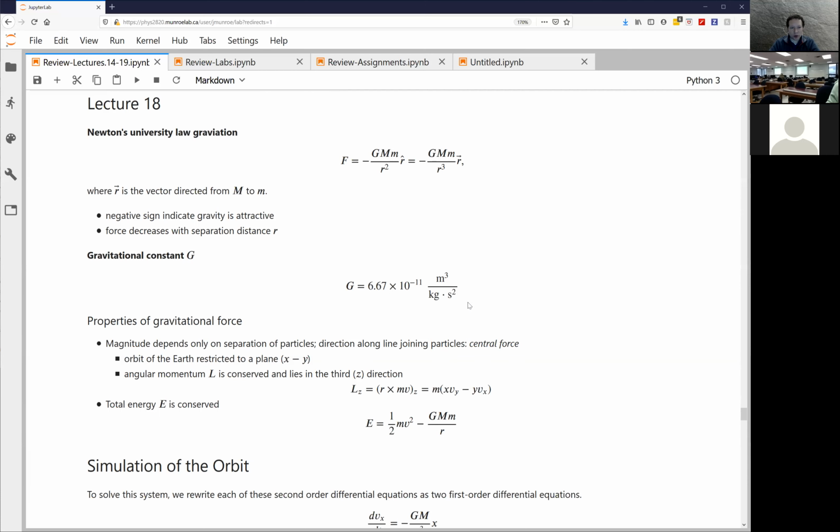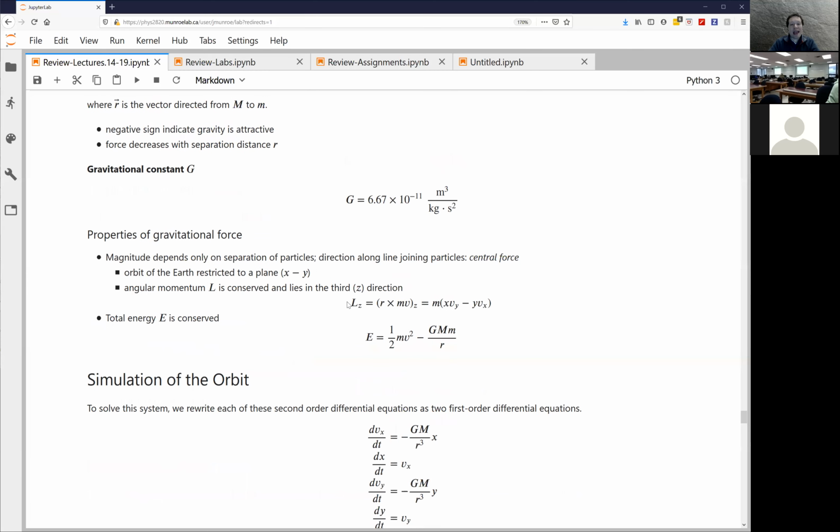Some of the conservation laws about this system are angular momentum is conserved and total energy is conserved. It has to be if the system is making any sense. These are the things that you could plot as diagnostics to check whether or not you're solving the problem correctly.